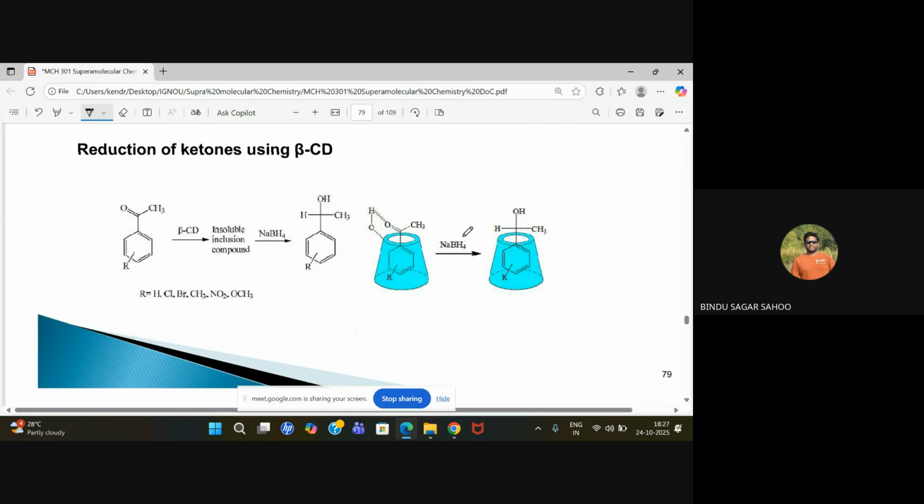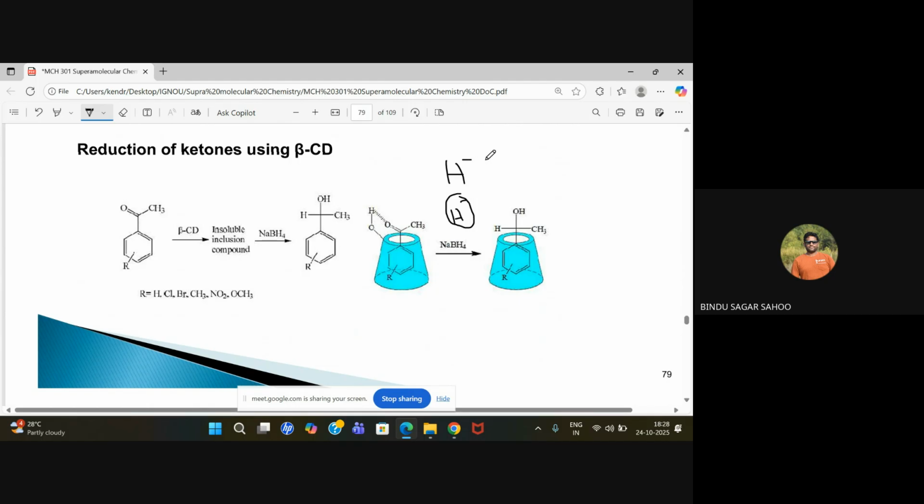Then further, if you are adding NaBH4, this is a reducing agent, it produces H minus ion or hydride ion. And this hydride will get added here at the O center, and this carbonyl group will get converted like that. So LiAlH4, lithium aluminum hydride, or NaBH4, these are all hydride agents that can create hydride anion or H minus ion.